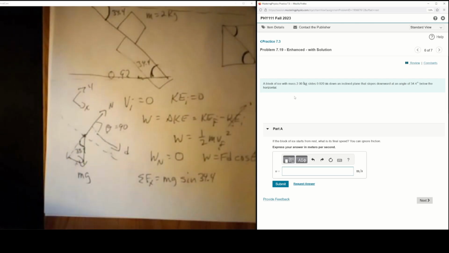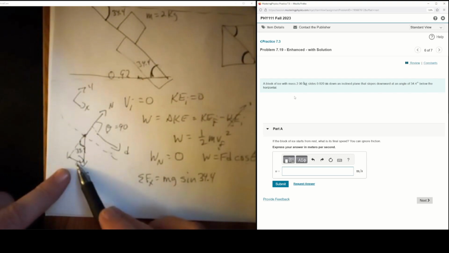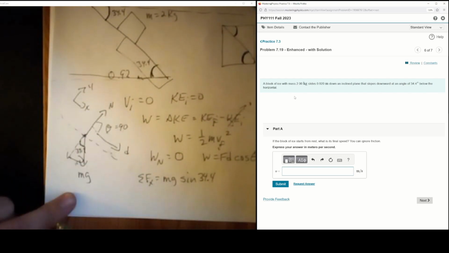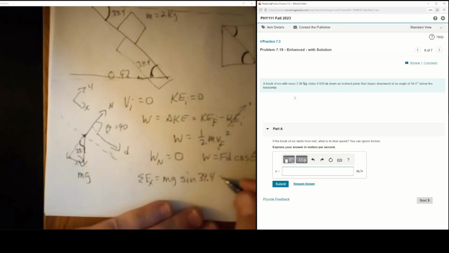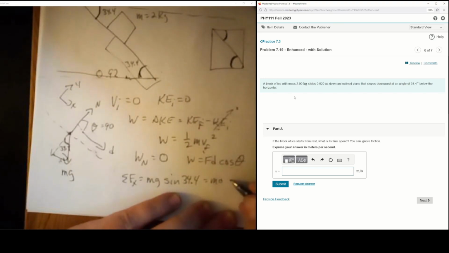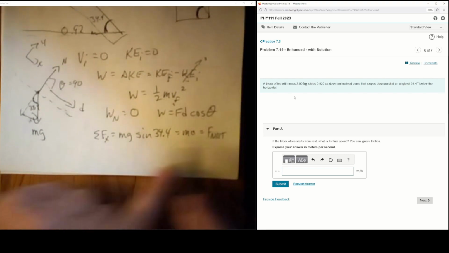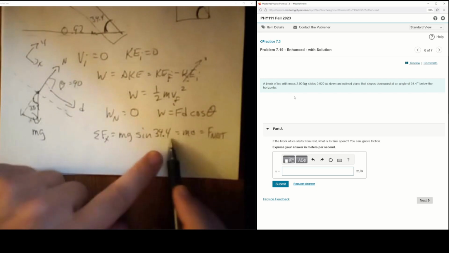Everything else is in the y direction. The normal is in the y direction, and the other component of gravity is also in the y direction. So Newton says this equals ma. And remember, once you have the acceleration, that is the net force. So the net force is mg sine 34.4.